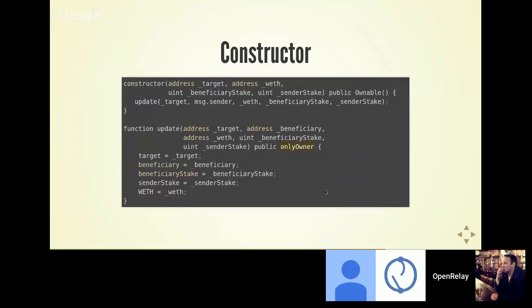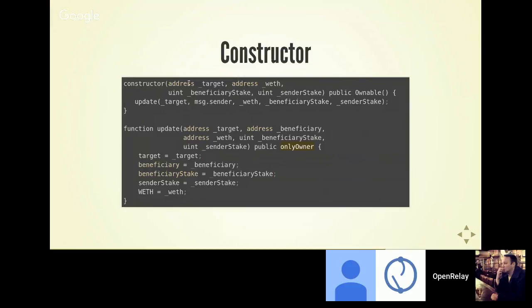So in the future, the owner can call the update function to set a new target address, a new beneficiary, the WETH address, the beneficiary stake, and the sender stake.